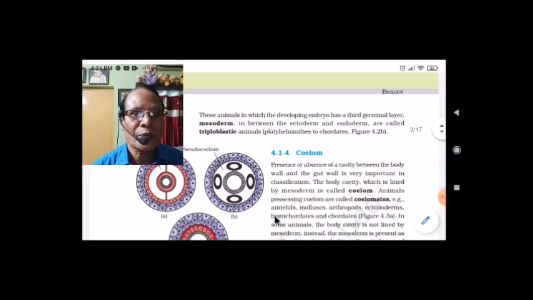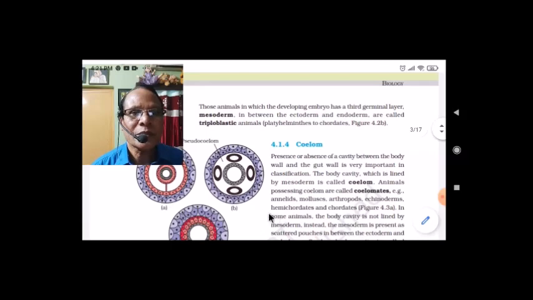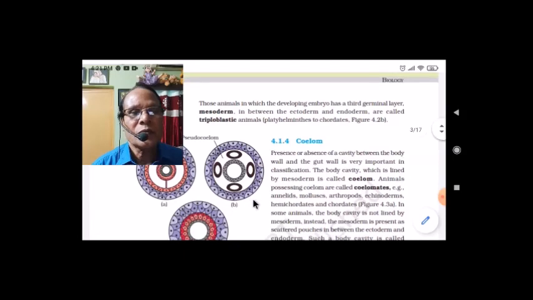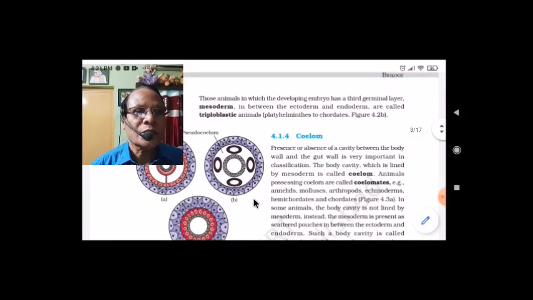Now in some animals there is no true coelom, which means there is no mesoderm lining the body cavity. The coelom is found in the form of pouches, not continuously, and here there is no mesoderm.